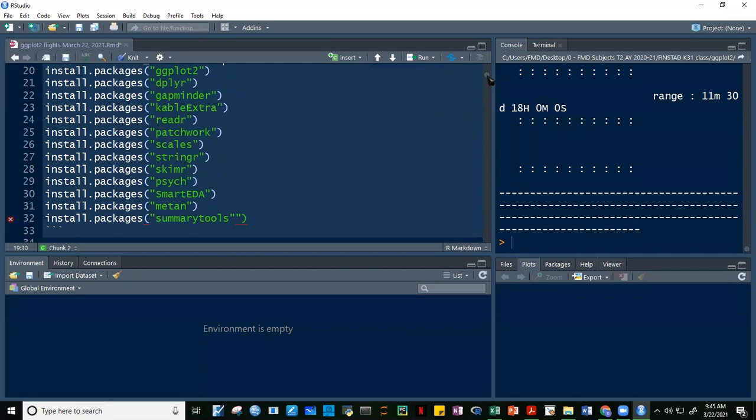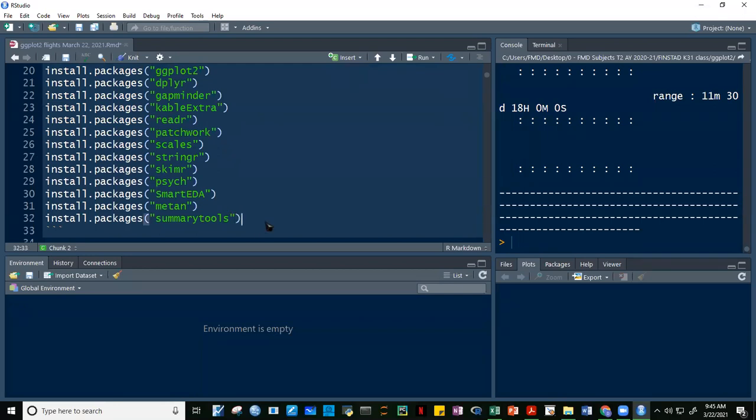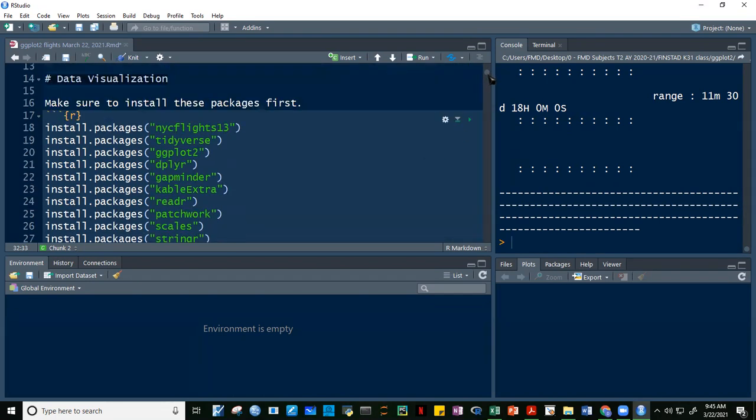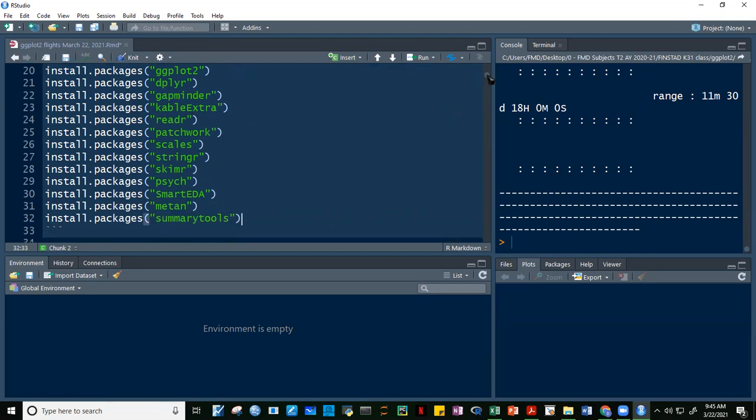And there's another one, guys, which I think I failed to include. So kindly include below here summary tools. Okay, so there are quite a number of packages here: dplyr, gapminder, kableExtra, readr, patchwork, scales, stringr, skimr, psych, SmartEDA, metan, and then summarytools.